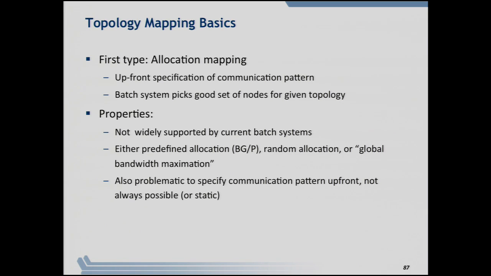So how would you do that? There are two ways of doing it. One way is, at the time of launching the application itself, if you could inform the job launcher or the MPI implementation of your communication pattern. Somehow you put that in a file or something and say, these are the processes that are communicating with each other.